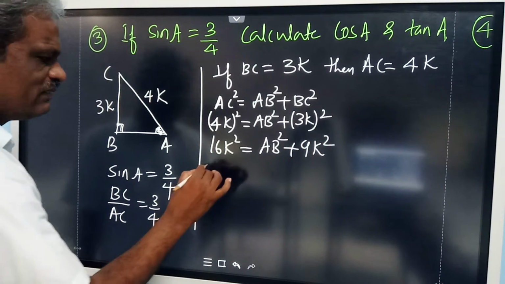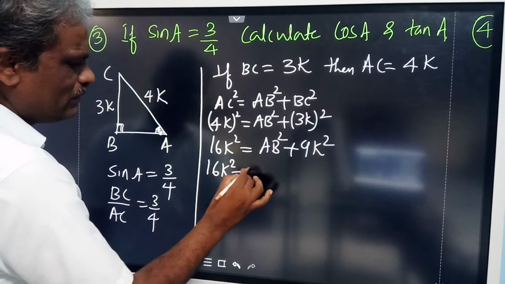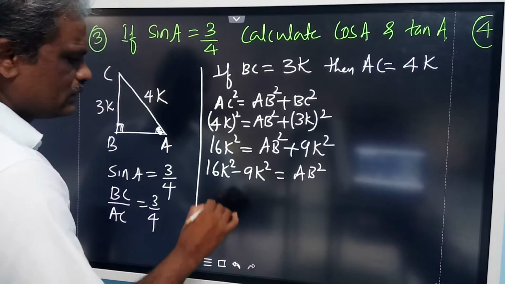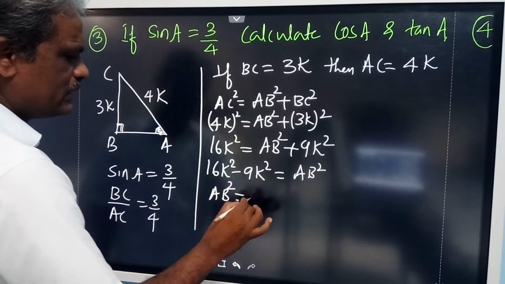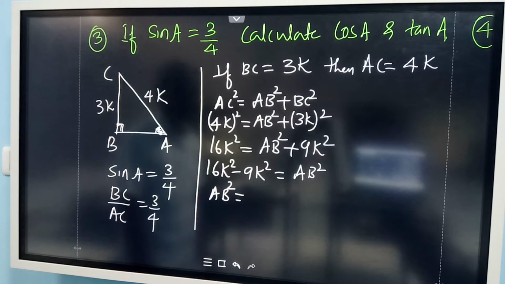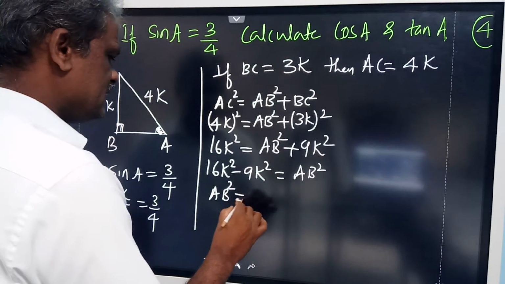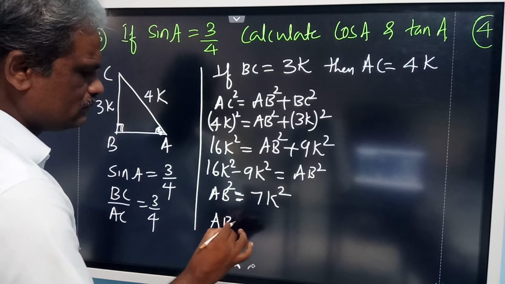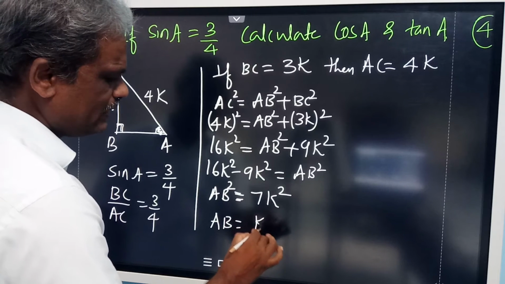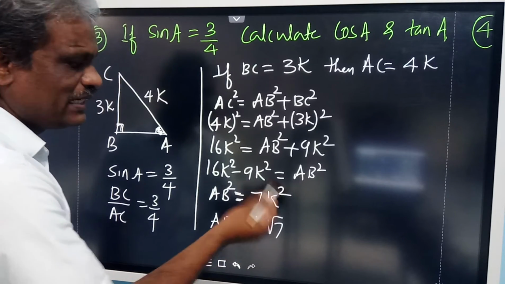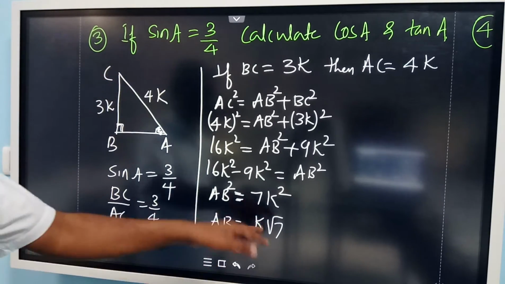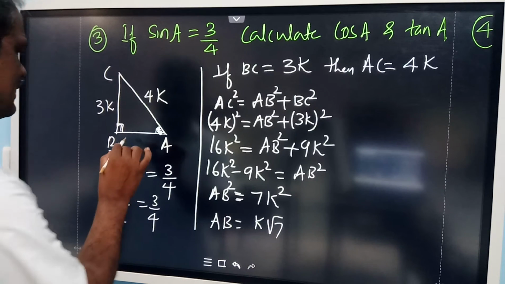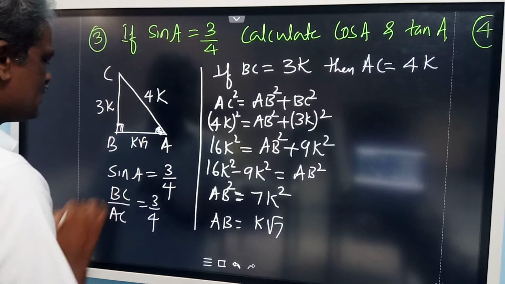Transfer 9K square to the left side. 16K square minus 9K square is equal to AB square. So AB square is equal to 16 minus 9, which is 7K square. So AB is equal to K root 7. K will come outside the root and 7 will remain inside the root. So you got AB as K root 7.